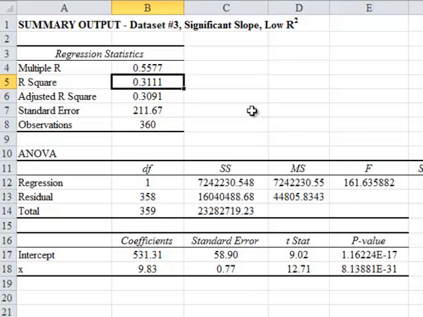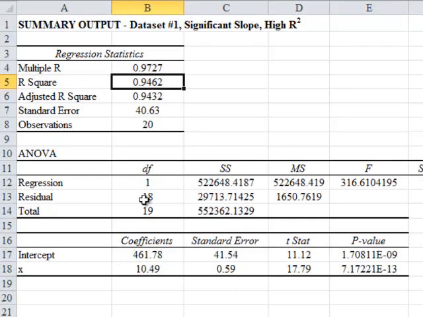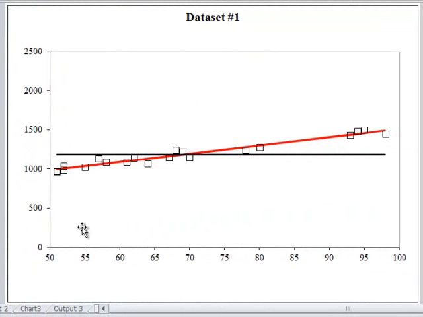It's certainly a much smaller r-square than we had in the first data set, where we had an r-square of 0.94, 0.95. So let's look at the plots of the data underlying these numbers, and hopefully we'll make the connection between the values we're seeing in the output and the underlying visual presentation.